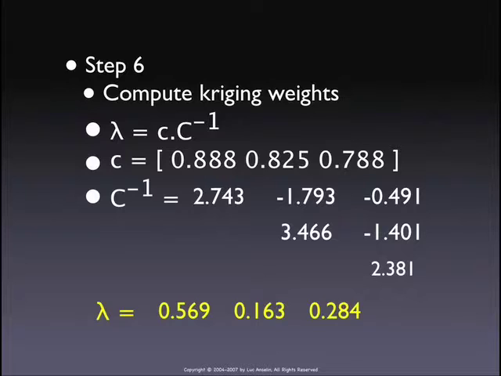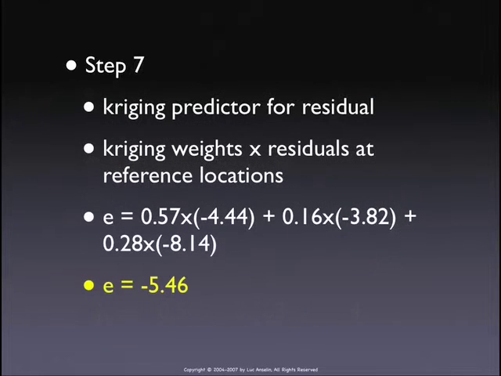So we apply the Kriging not to the prices, but to the residuals from the prediction that we used on our observed data points. And now we take those residuals and we plug them in here. We use the weights, and out comes a prediction for the residual at our unobserved location.